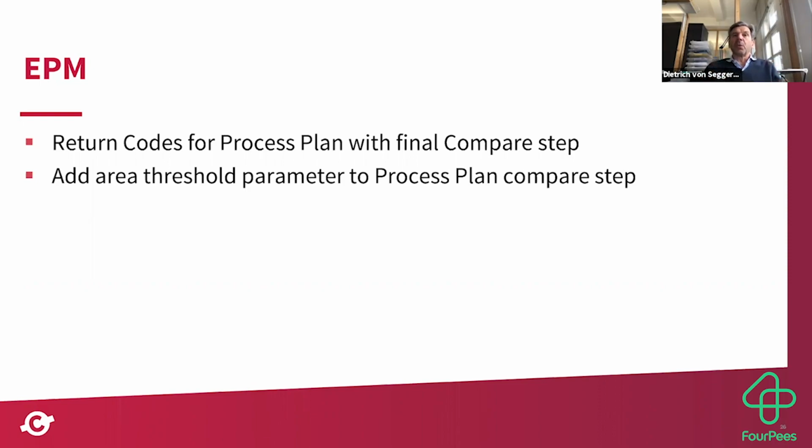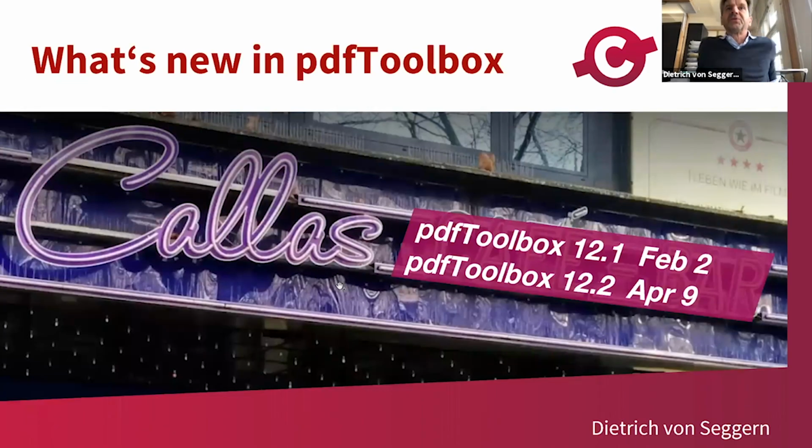If the area where the threshold is hit is above a specified area only, then the compare step creates an error. Yeah, I guess that's what I wanted to say.